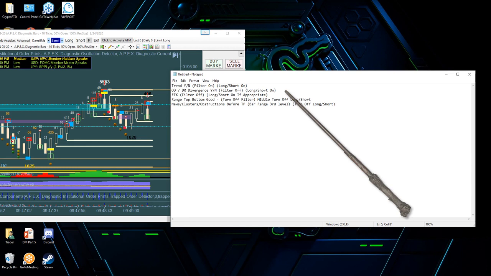Anything else? Dark zone would be, I'm just time not to have it on. Okay, that'd be an obstruction. If you're in true chop, that would be an obstruction, right?